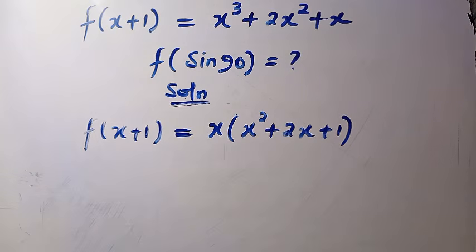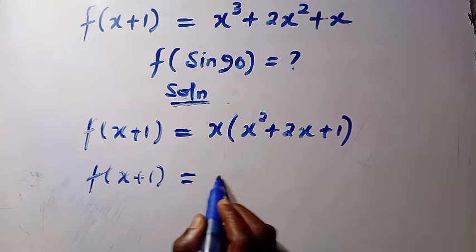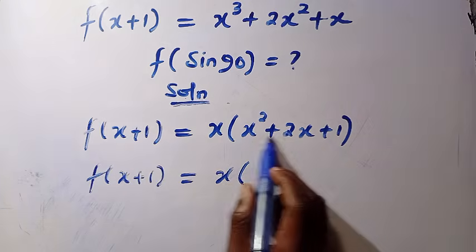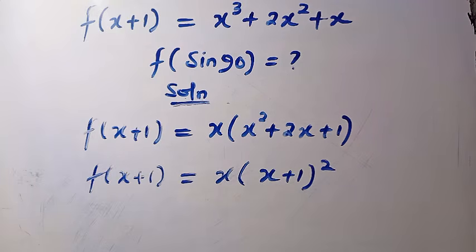And again, f of x plus 1 equals x into bracket of x plus 1 raised to power of 2. Still the same. Let's say I want to manipulate this.